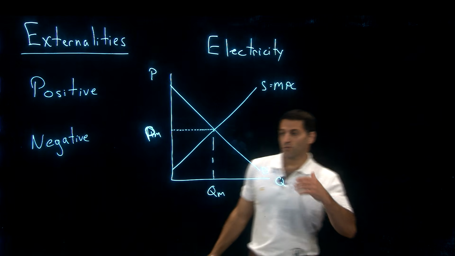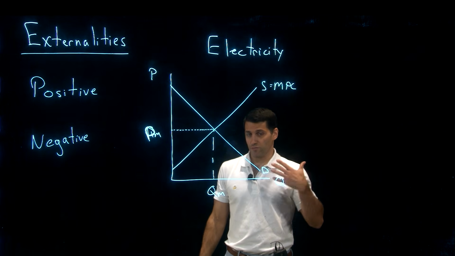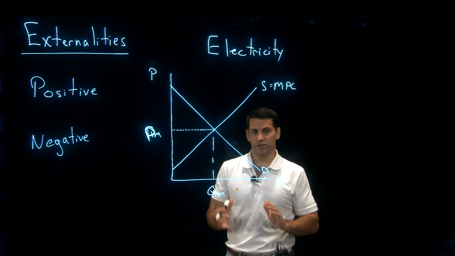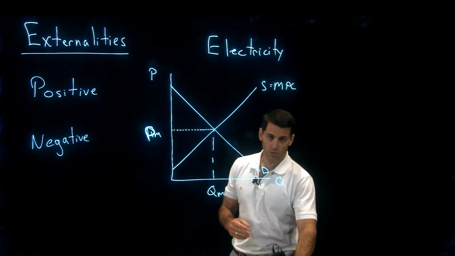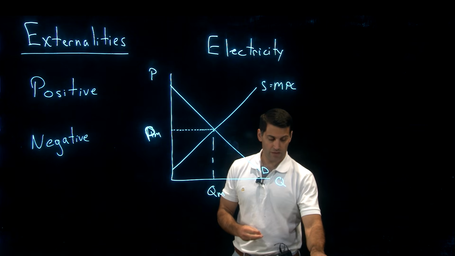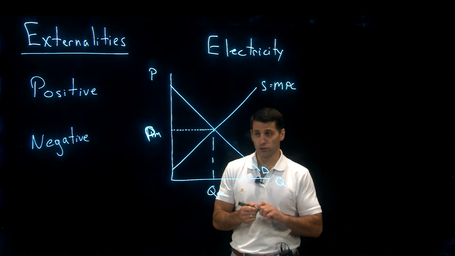The firms are not having to pay for the pollution as of yet in our example, and so they're not taking into account the cost of the pollution that's generated when they produce electricity.